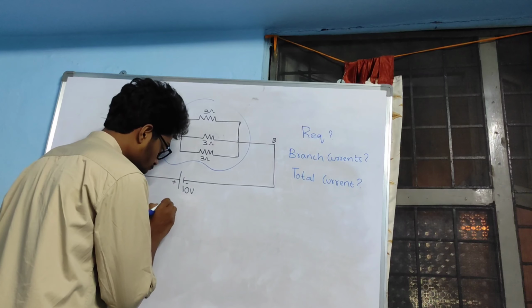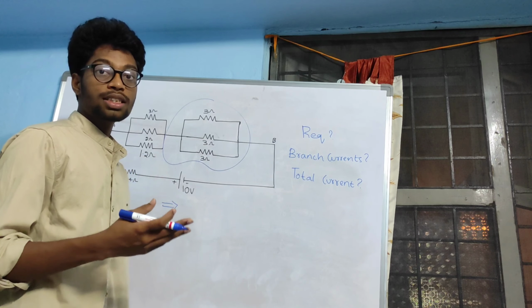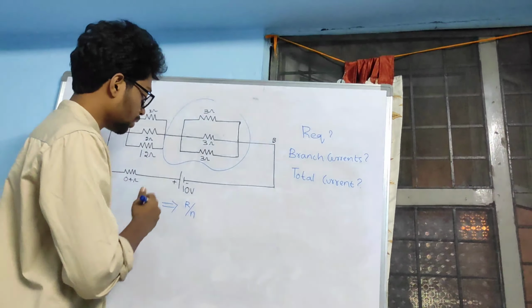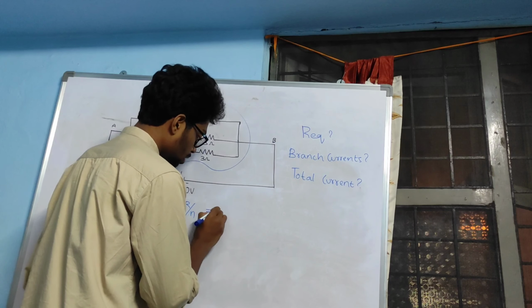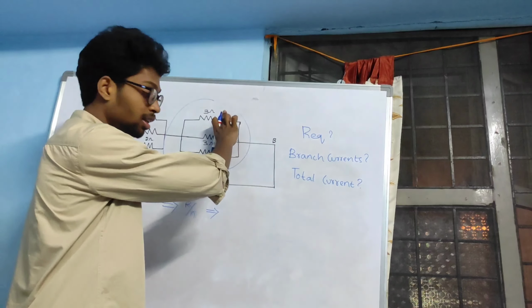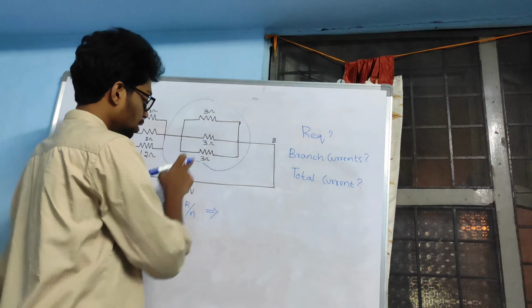We know the shortcut: when n equal resistances R are connected in parallel, the R equivalent is R by n. Here the resistance is 3 ohms and n equals 3, therefore we get 3 by 3 equal to 1 ohm. That is the R equivalent of this parallel combination.